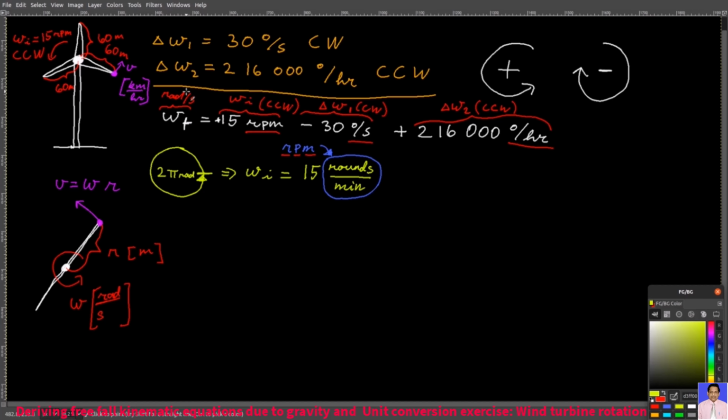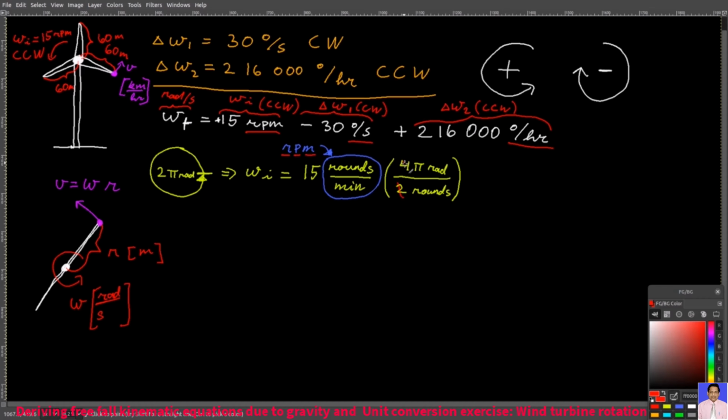We want radians and seconds. So we need to cancel out rounds and minutes, and we can do it like this. We can create a ratio here, and I can write 1 round and 2 pi radians. Or if I want to, I can write 2 rounds and 4 pi radians.